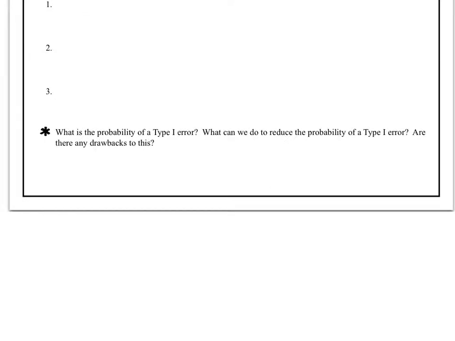Okay. Now the question is, what is the probability of a certain error happening? In this case, or in all cases, the probability of a type 1 error, since that is rejecting when we should not have rejected, is just the probability of rejecting, which in all of our cases is alpha.